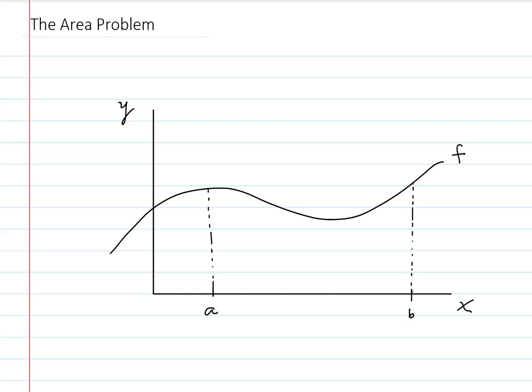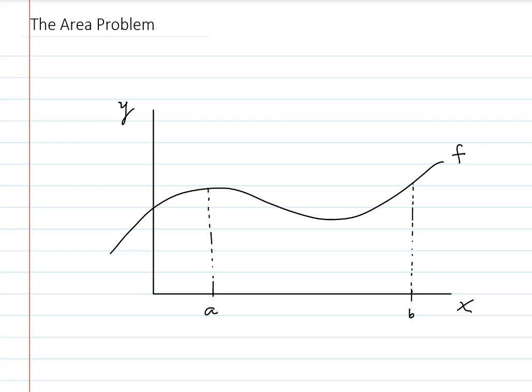They started thinking about ways to approximate this area. One of the ideas they came up with was, what if we split this region into sections that are easy to compute areas of?